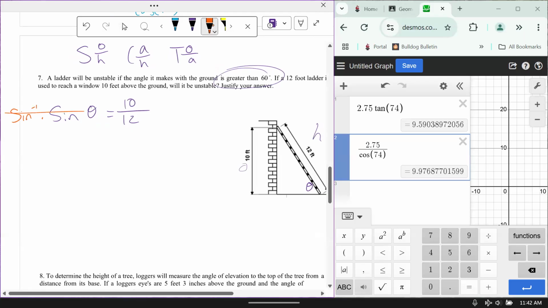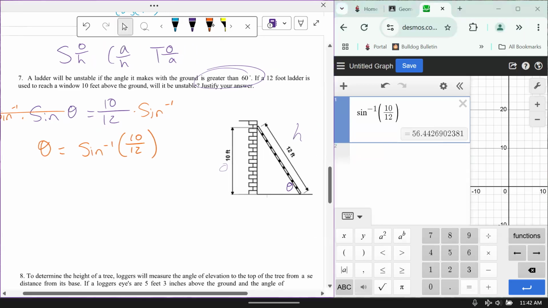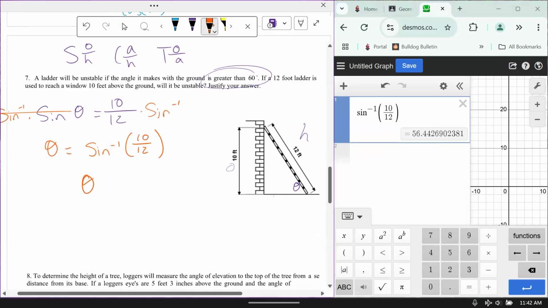Okay, that cancels out over here, and on this side we get theta equals the inverse of sine of 10 over 12. So that gives us, in the calculator, inverse sine of 10 divided by 12. Okay, close our parentheses, and we get our degree, theta is 56.44 degrees.